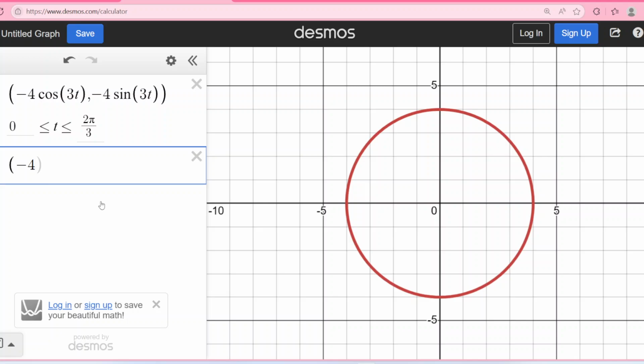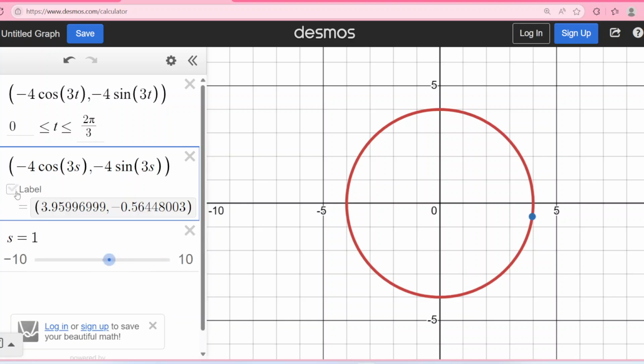So I'm going to have s represent t here. So we have the x coordinate is negative 4 times the cosine of 3s, comma, and then the y coordinate negative 4 times the sine of 3s. All right, so you see what happens there is instead of giving a range for s, it asks you to add a slider for that letter. So I'll do that, label it.